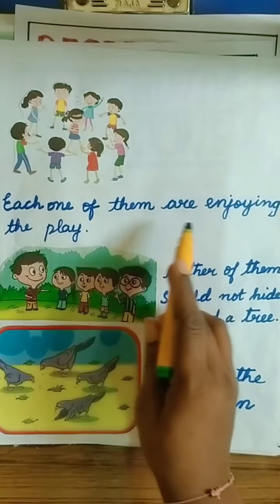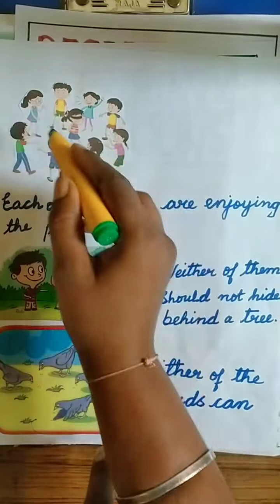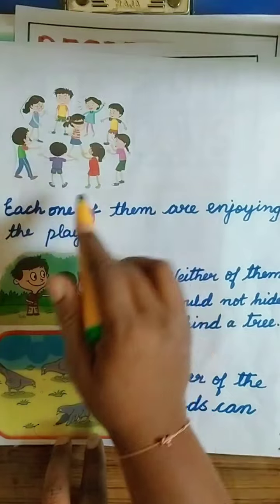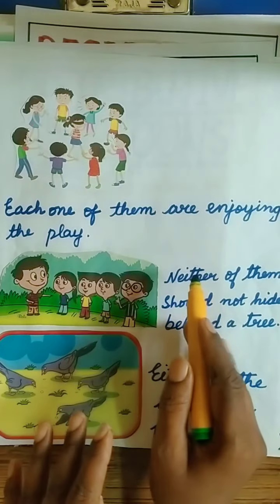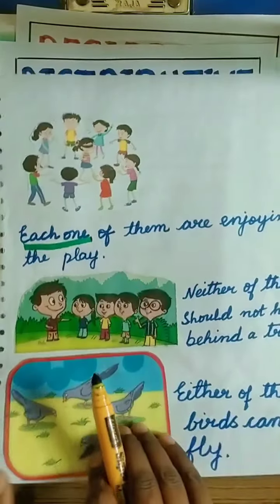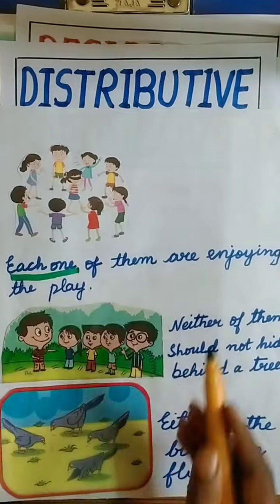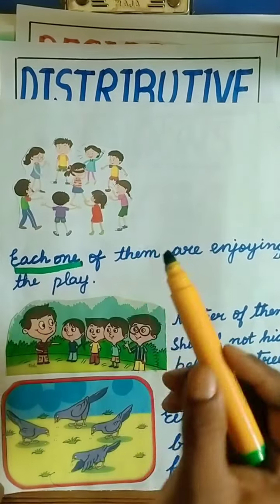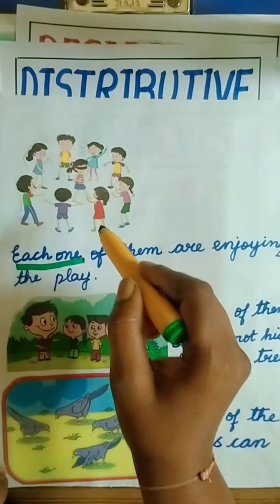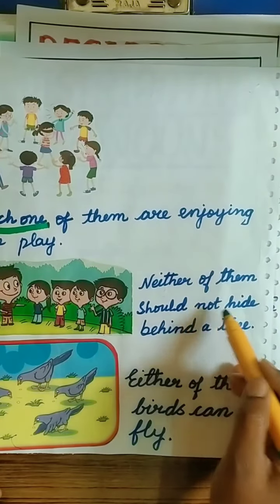Each one of them is enjoying the play. Here the children are playing and each and every one is enjoying the play. So the words each one are known as a distributive pronoun. It is a group and we are pointing out each one of the group. Neither of them should hide behind a tree.